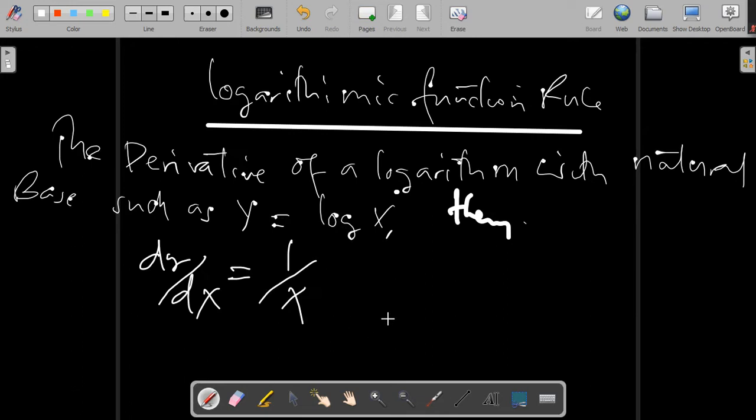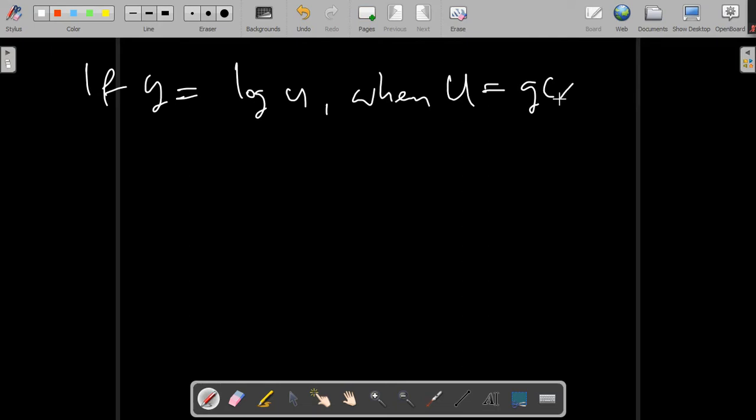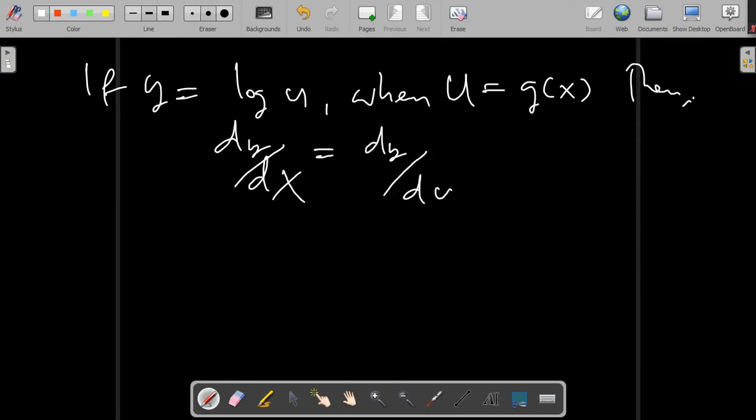Let's look at a more illustrative form of how we can solve the derivative of the logarithmic function. For example, if y is equal to log u, and u is equal to g(x), a function of x, then the formula we apply in the logarithmic function rule is dy over dx equals dy over du times du over dx.